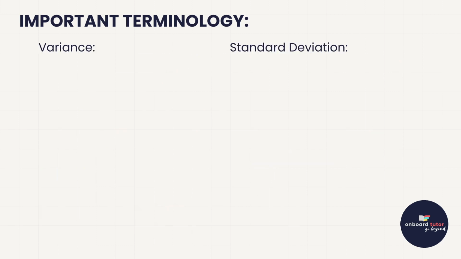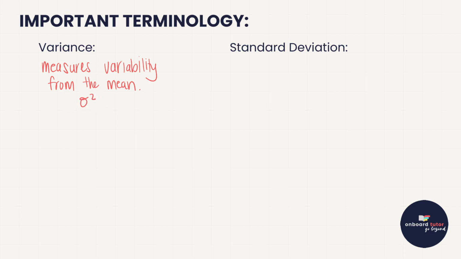Now, in grade 11, we are introduced to 2 new and very important terms. The one is the variance, and the other one, the standard deviation. So variance measures the variability from the mean, and if you wanted a little symbol for it, it's this small letter sigma squared.